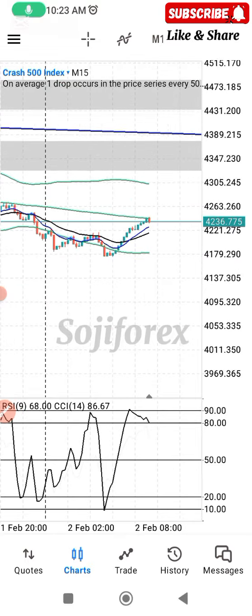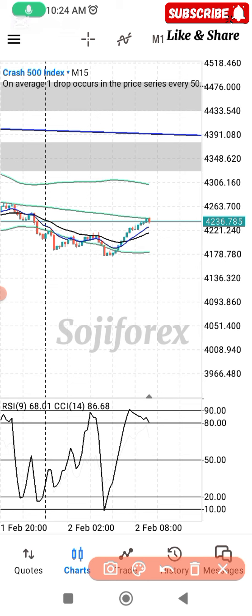Price will pull from here into this zone. By the time price is getting here, price has already pierced the upper Bollinger band, and you realize that your CCI is at the level of 90.